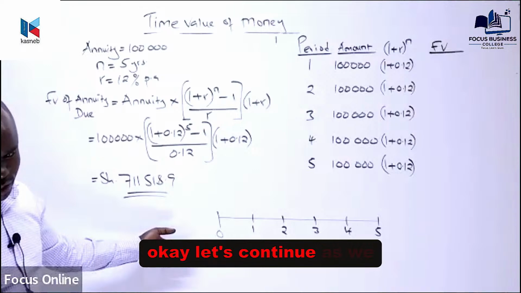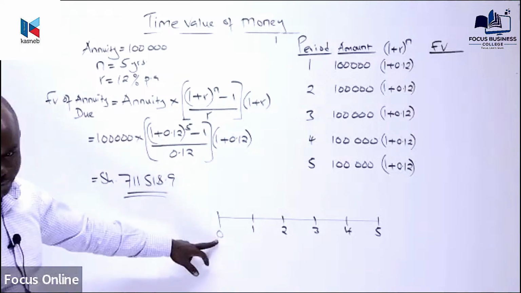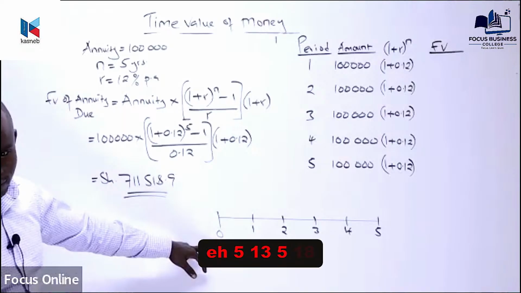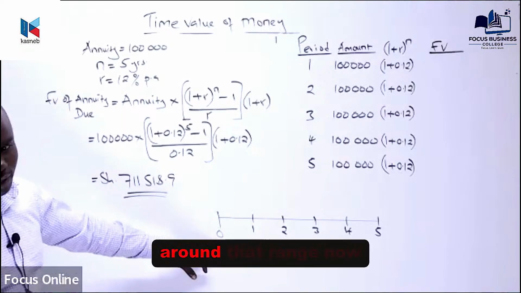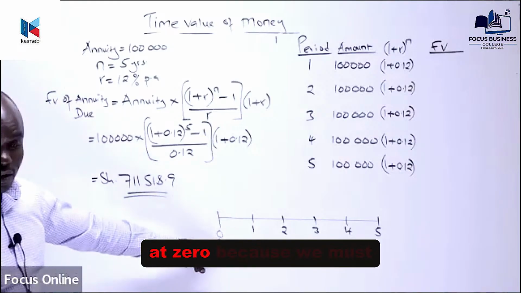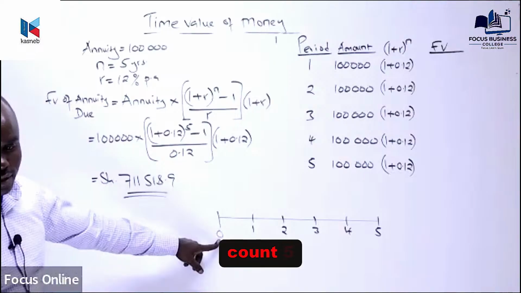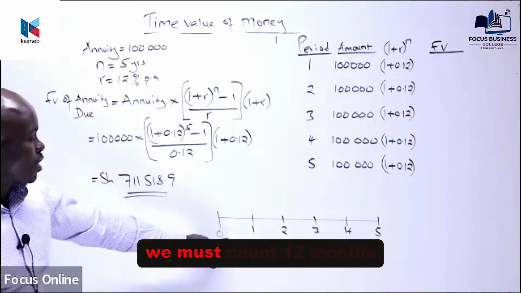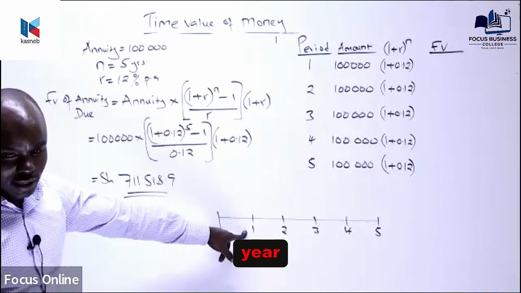Okay, let's continue as we wait. So, 513, 518, around that range. Now, I'm saying we start at 0 because we must count 12 months before we call it a year.